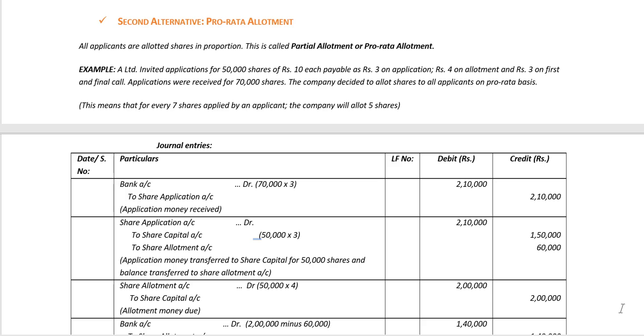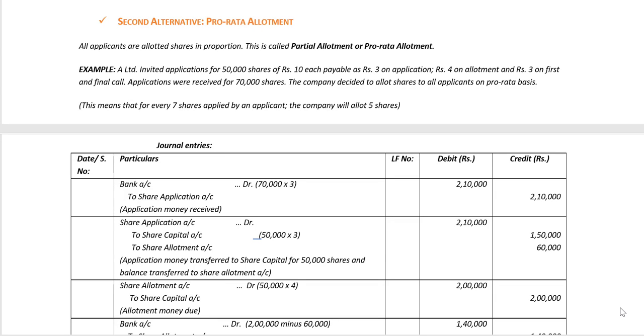And consequently, at the time of paying the allotment money, since there is already some excess application money transferred to allotment, the amount which has to be paid by the shareholder is the amount due minus the excess application money which was taken towards allotment. So we will see the journal entries for this to understand this better.